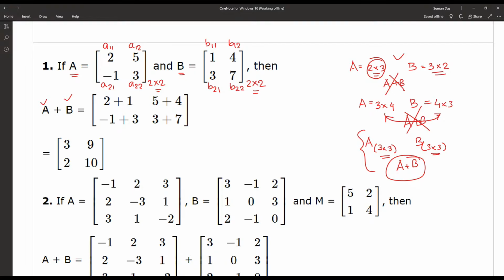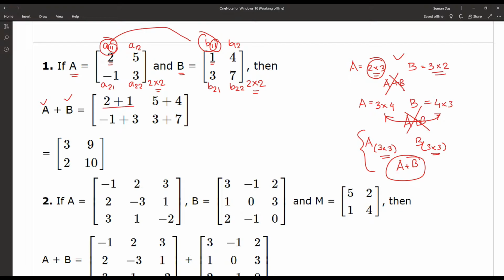Now look at the positions of the corresponding elements. After addition we have to proceed in that way: A11 plus B11. It is possible only when the corresponding positions of the elements are the same. So it is 2 plus 1.